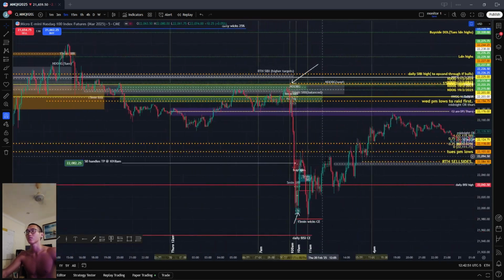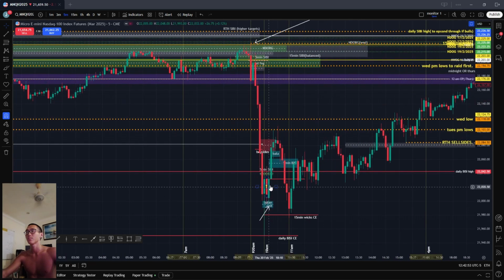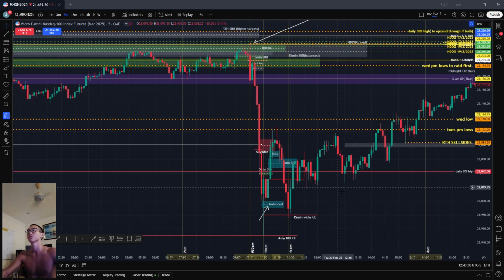Okay, so I took the trade around here. 10 a.m., boom, it moved higher. We rejected lower, and yeah, I wouldn't have been in profits if I took this trade.